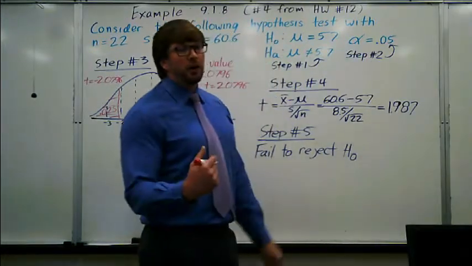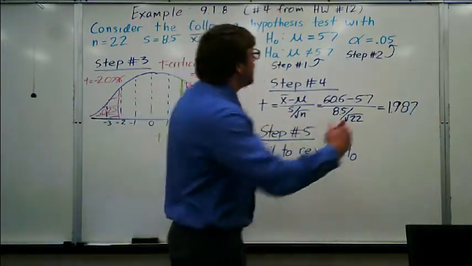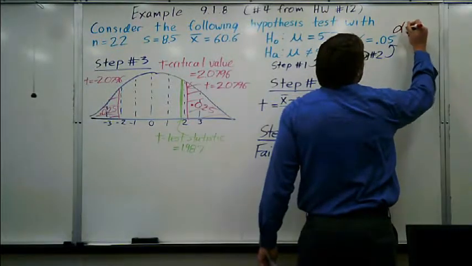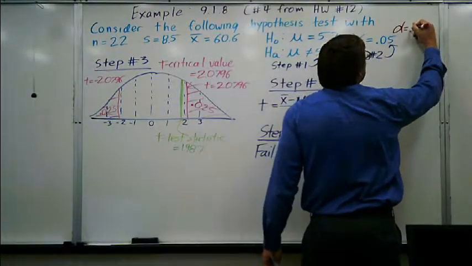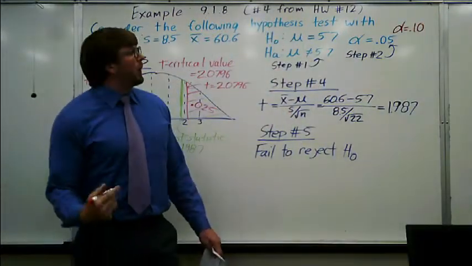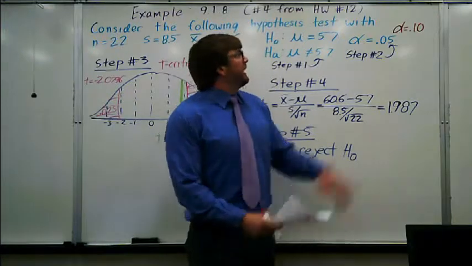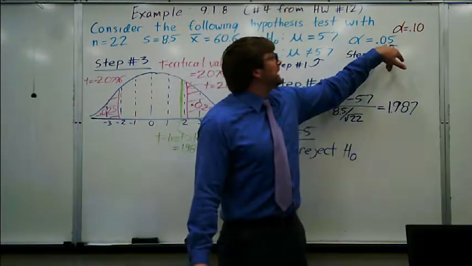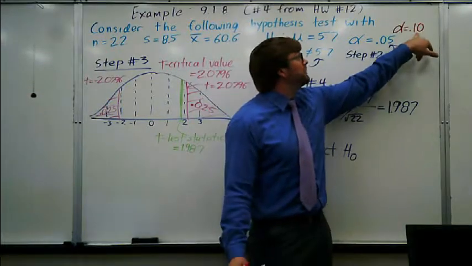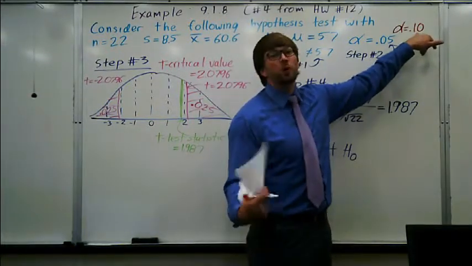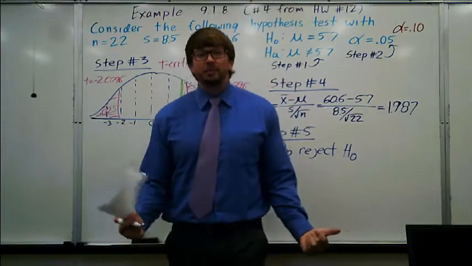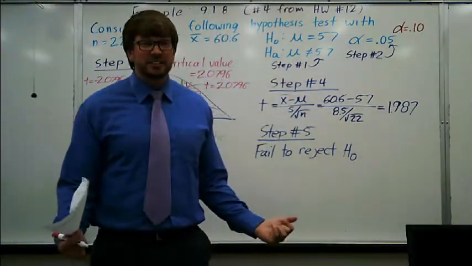Now, I'm going to redo this problem with a significance level of 0.10. So then, instead of being comfortable with being incorrect 5% of the time, I'm comfortable with being incorrect twice that much, or 10% of the time. So now I'm only going to be 90% sure that I'm making the correct decision.